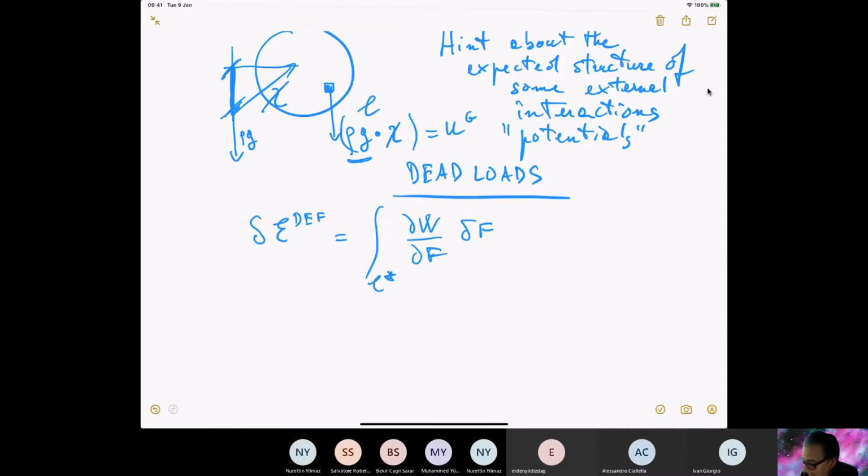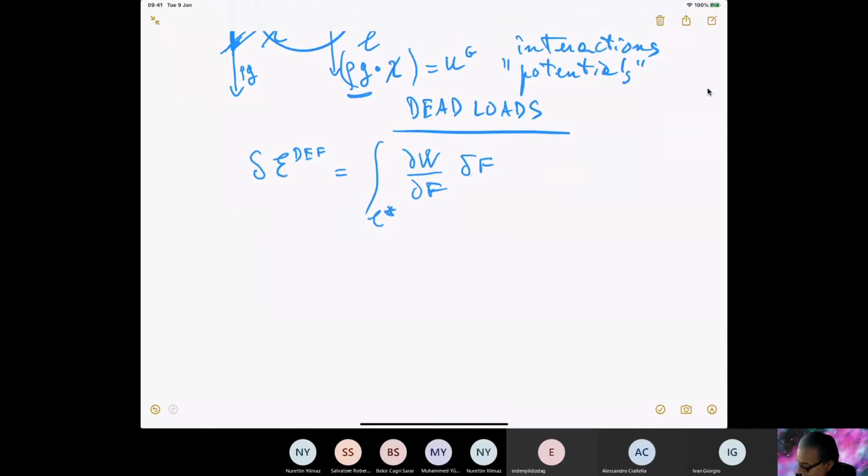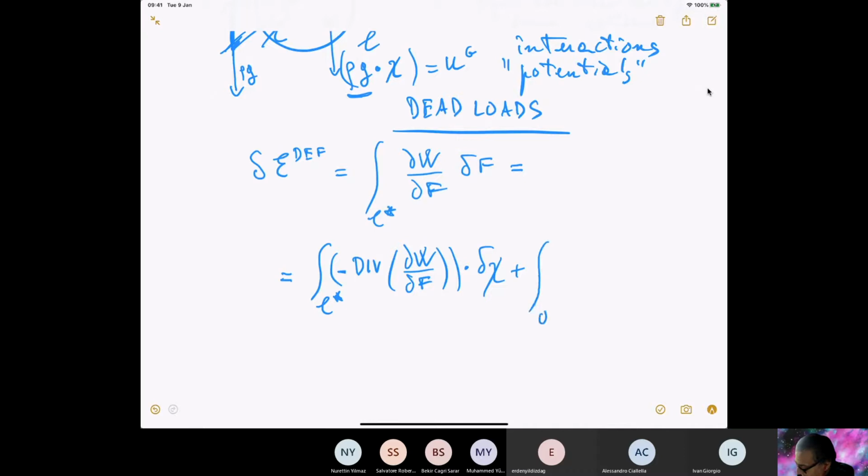Then you integrate by parts, and at the end, you get that this expression is equal to the integral over C star of div dW over dF with sinus mine dot delta chi plus integral on the boundary of C star of dW over dF dot N dot delta chi.